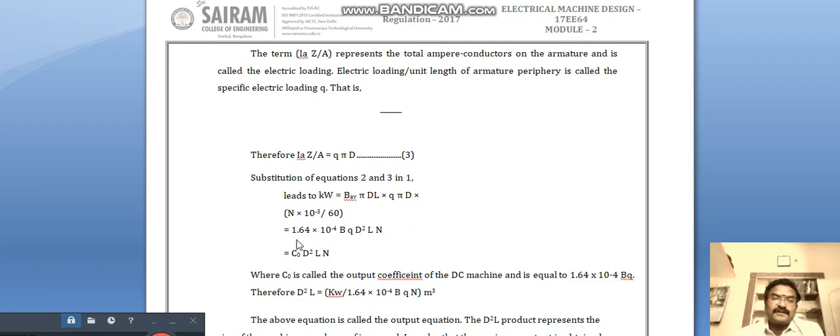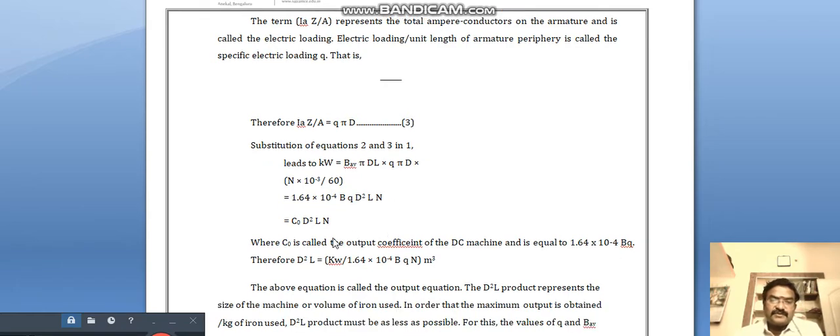So we will get 1.64 into 10 to the power of minus 3 Bav q D square L N. The other terms we'll consider as C naught, so we get C naught D square L N. Here D square is the diameter squared and L is the length of armature, N is the speed.